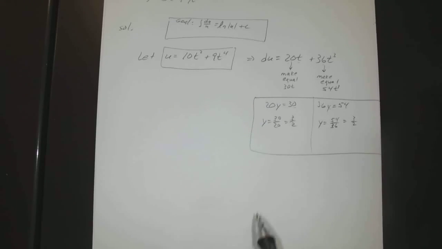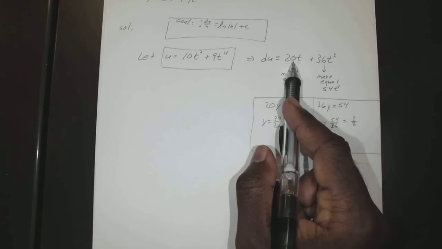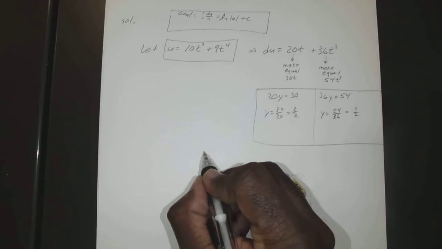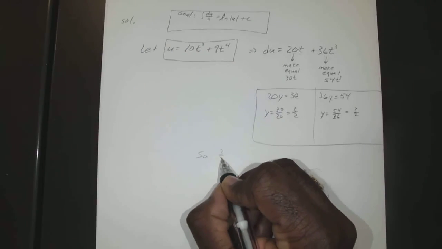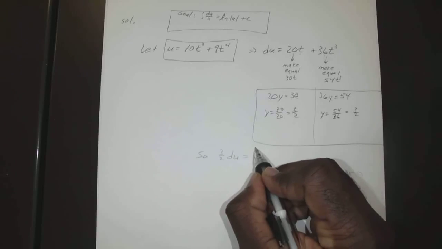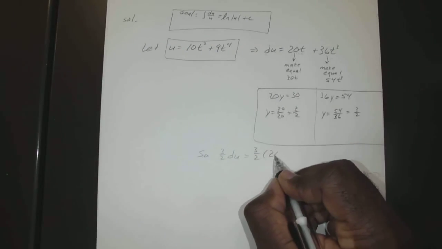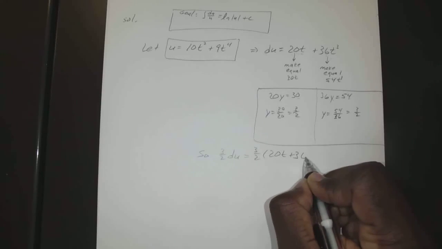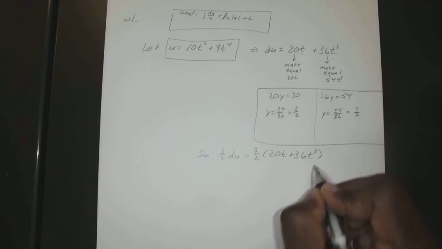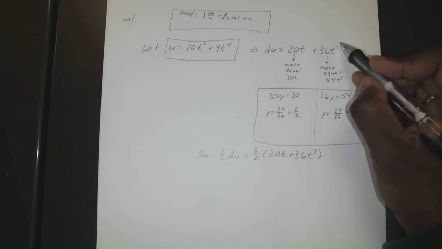All right, so we know that 3 over 2 times du is equal to 3 over 2 times 20t plus 36t to the third, oh, forgot my dt.